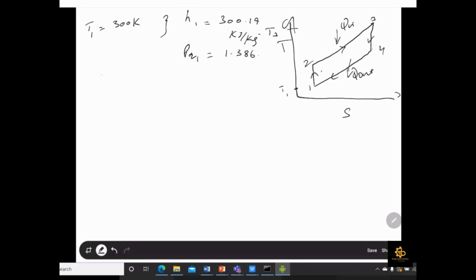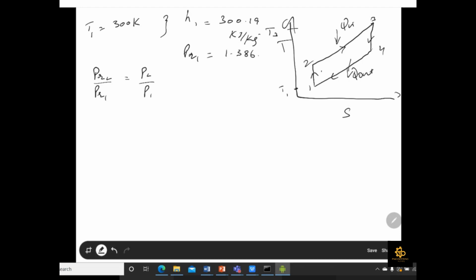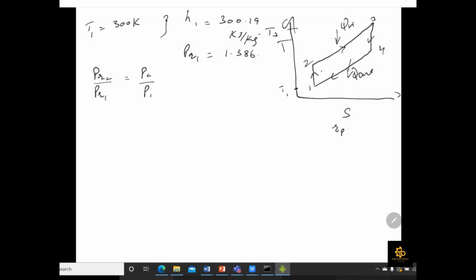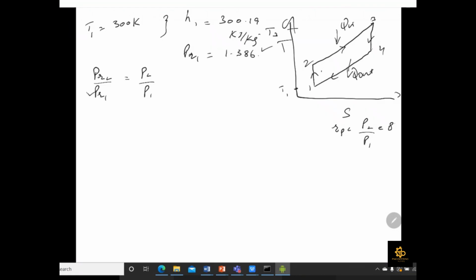We already know that 1 to 2 is an isentropic process, and for an isentropic process we can write PR2 over PR1 is equal to P2 over P1. In your question it is mentioned that P2 over P1, which is the value of Rp, the pressure ratio, is equal to 8. And PR1 we found in the previous step.